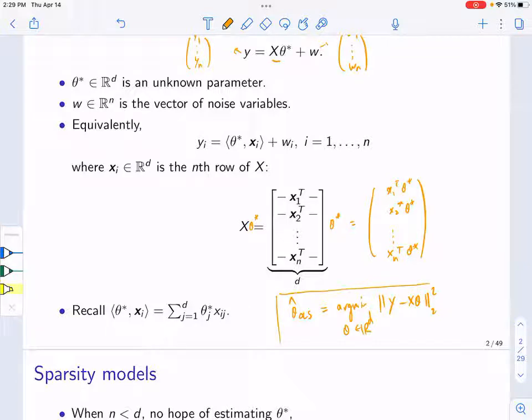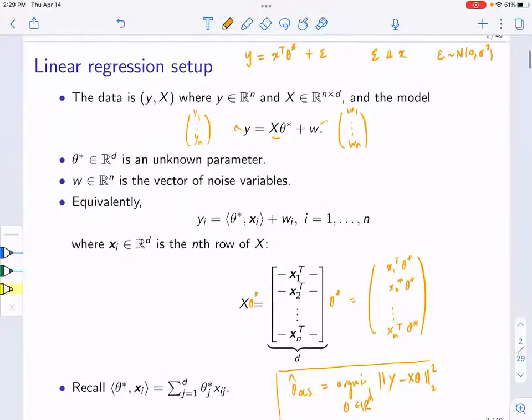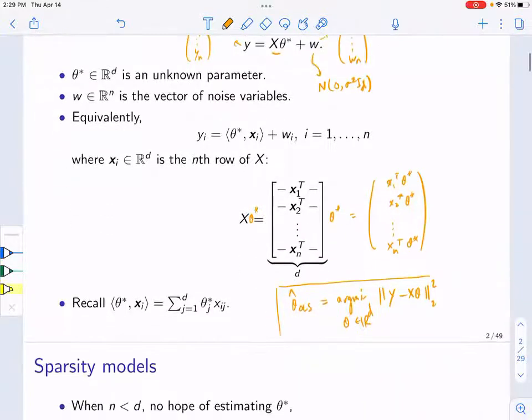This turns out to be, for example, the MLE as well, if you're under the Gaussian assumption, so the noise would be normal with mean 0 and covariance sigma squared I_d. The results that we talked about are valid for sub-Gaussian noise as well.